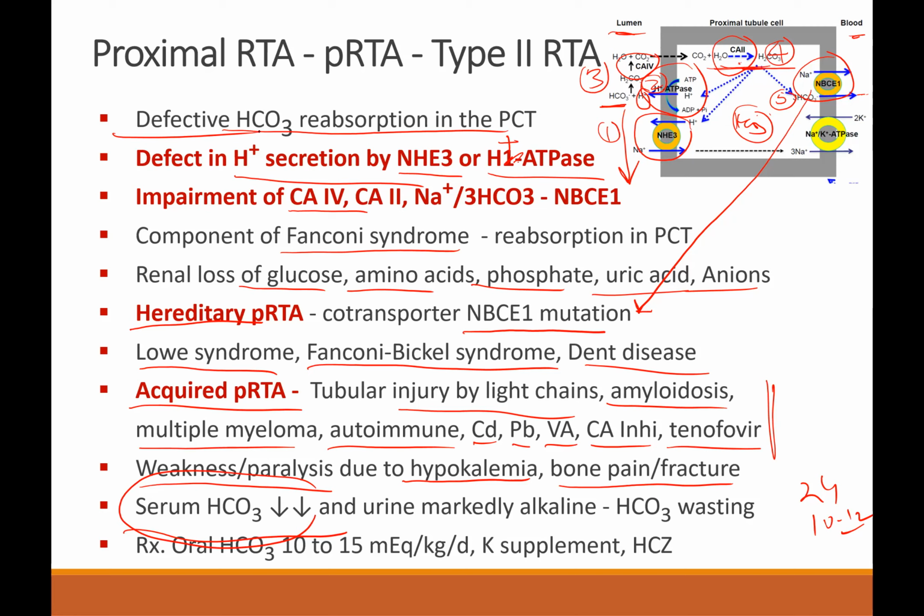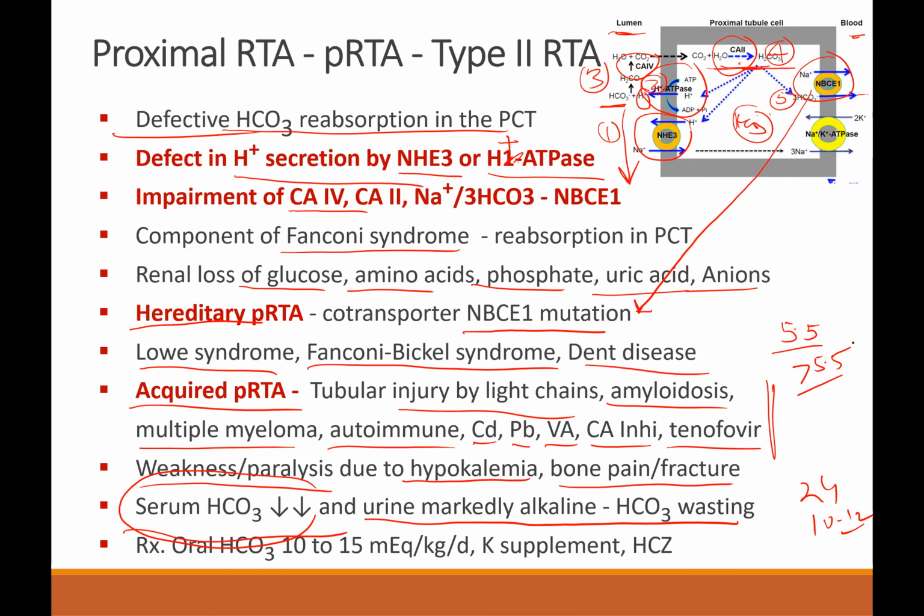The bicarbonate remains in the urine. That means markedly alkaline urine, also called bicarbonate wasting. Bicarbonate is wasted, urine is alkaline. Normal urine pH is acidic, around 5.5. Here it is more than 5.5 because of the presence of alkali or wasting of the bicarbonate.